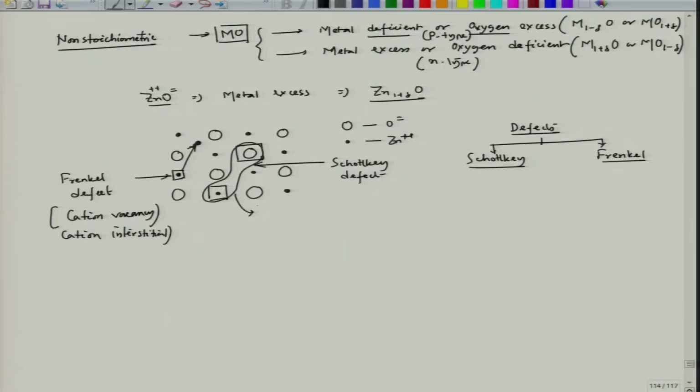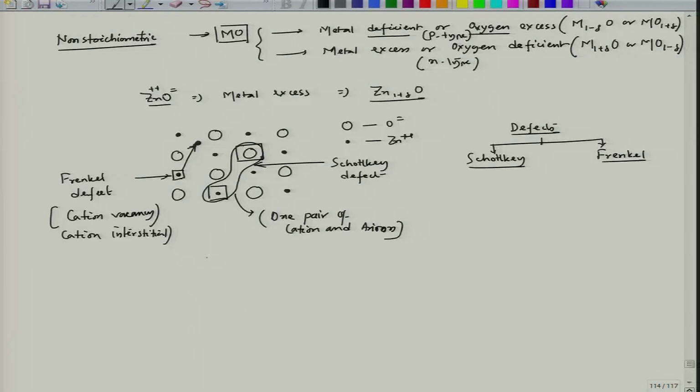But in the Schottky case, one pair of cation and anion are missing from their usual sites. So, these are the two defects that are possible, and of course, these two defects will decide finally which species will try to diffuse through.